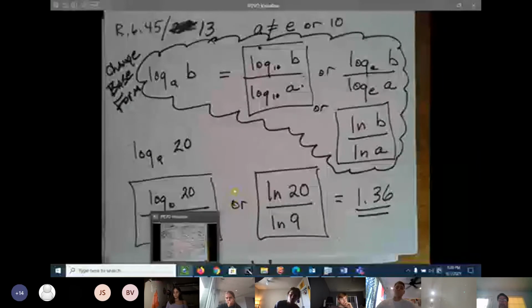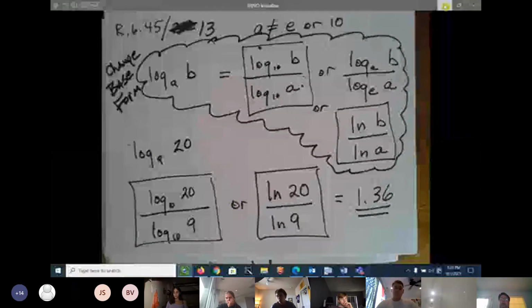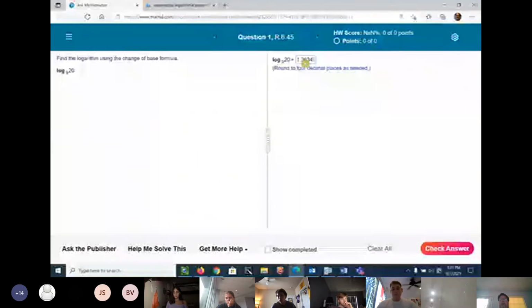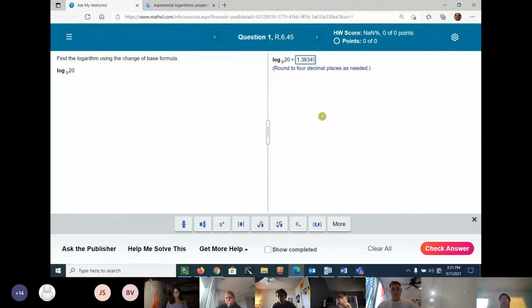And that's 1.36. It says round to 4 decimal places, so I'm sorry. That's close enough for government work. Next.